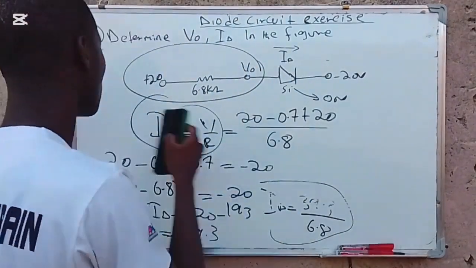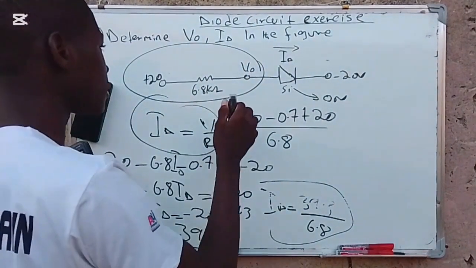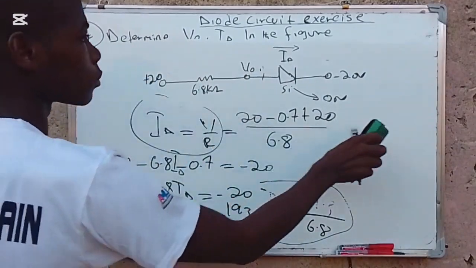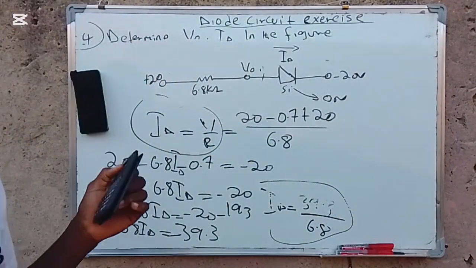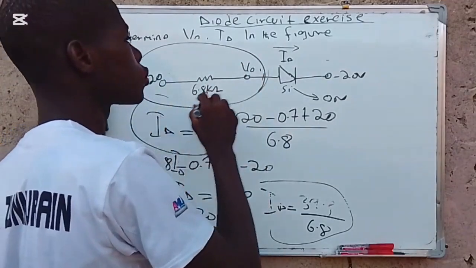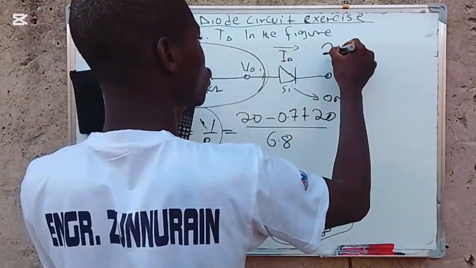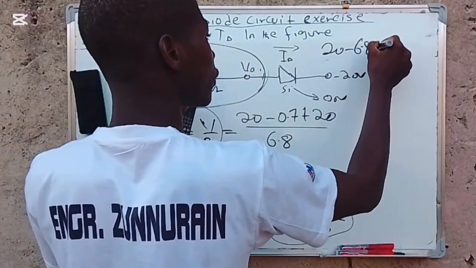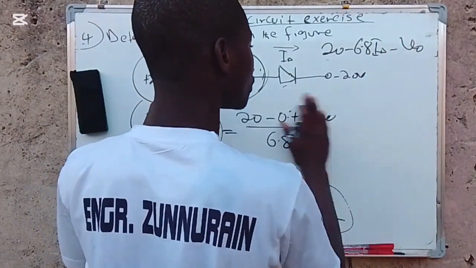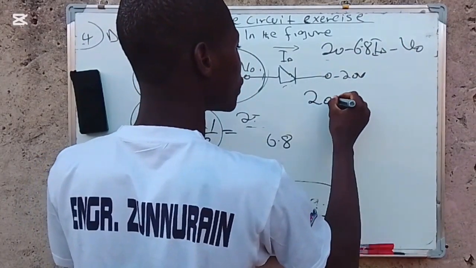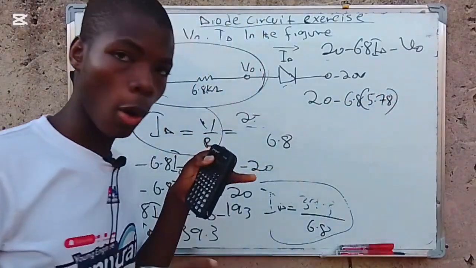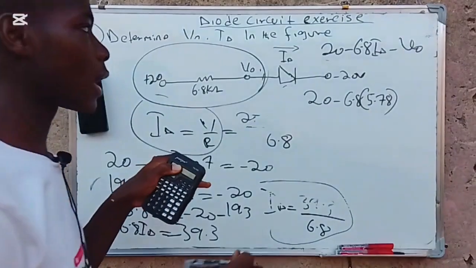So therefore if I am to find the V naught, I'm looking for this. So this should now be equal to 20 minus 6.8 ID minus V naught. So therefore, I have to say 20 minus 6.8 multiplied by 5.78 as our value of current.